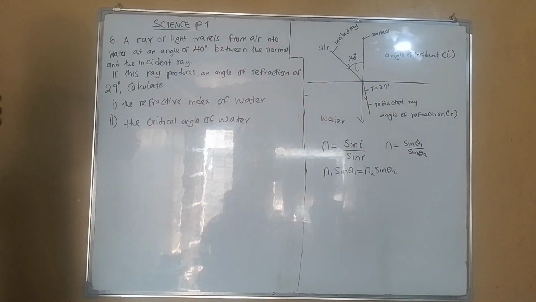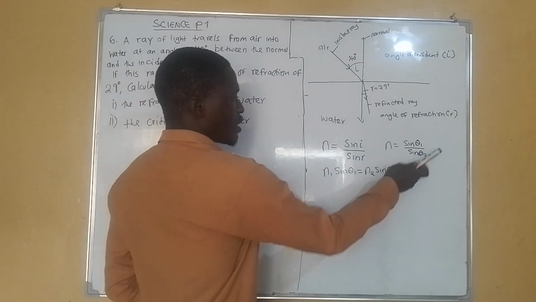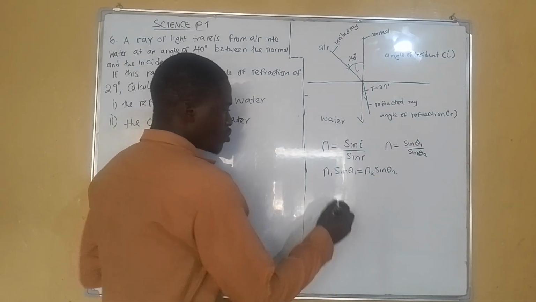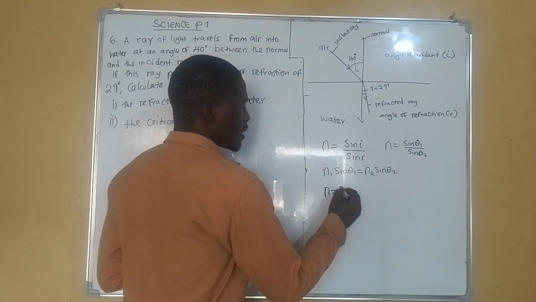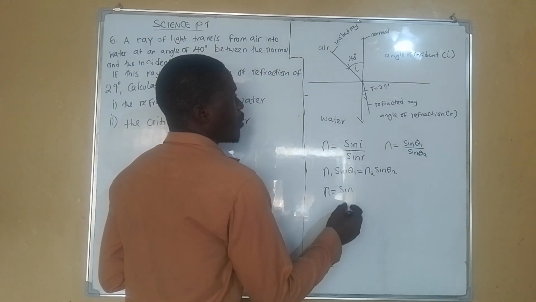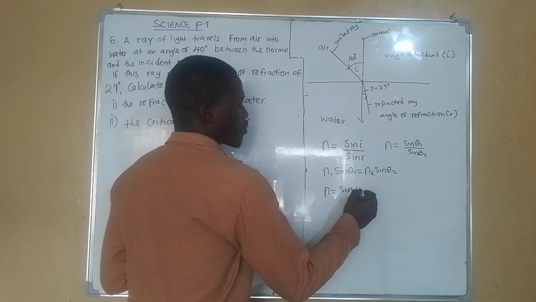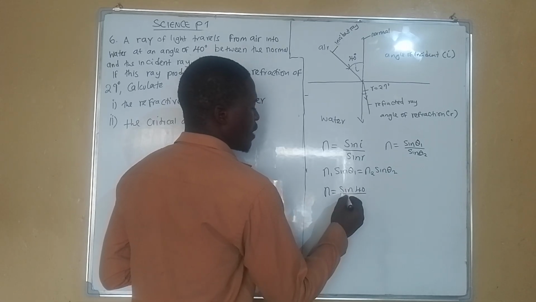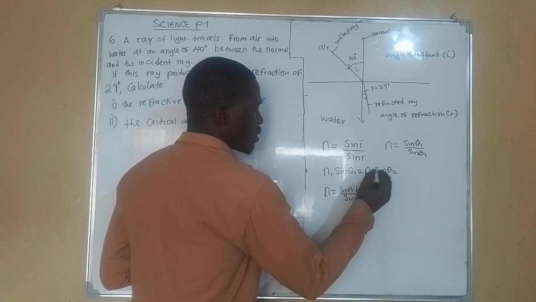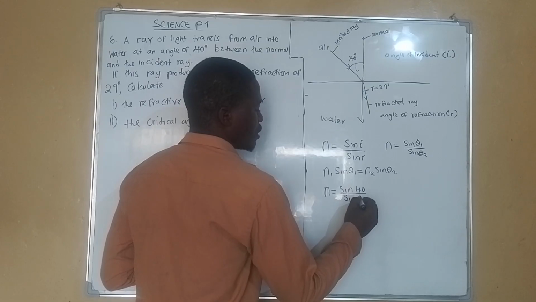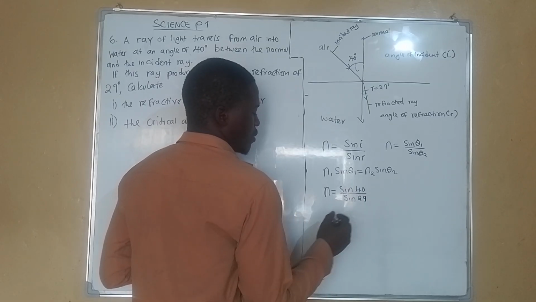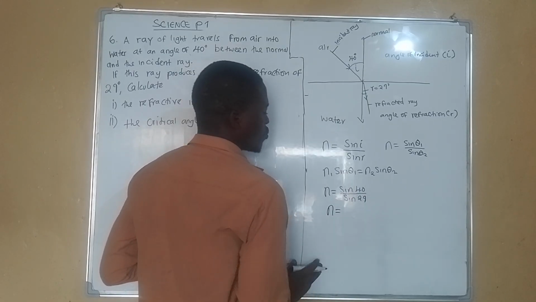Right? So which one should we use? This one is direct, right? Yes. So we have n is equal to sine theta 1, or i, which is 40, divided by sine theta 2, which is 29. Give me the answer.